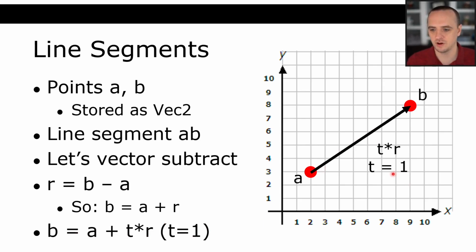So in this case, we have A and we have B, and R is equal to B minus A, and so B is equal to A plus T times R when T is equal to 1, because B is equal to A plus R. So A plus T times R is satisfied when T is equal to 1. It's pretty basic, but we will see where this is going to take us.